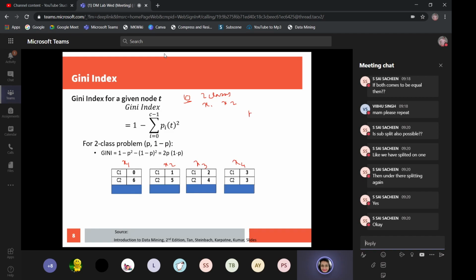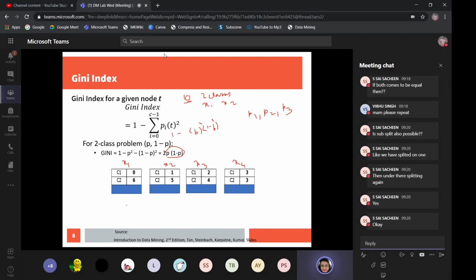Otherwise, if there were more than two classes, the probabilities would be p1, p2, p3. It will not be p and 1 minus p. But here you have a binary classification, so you can write 1 minus p squared, and this is giving you this output.